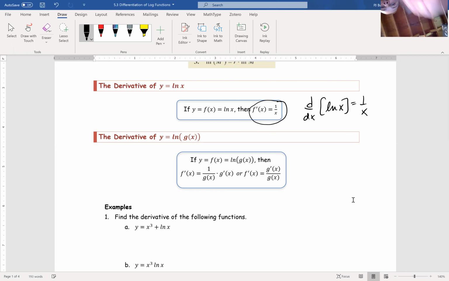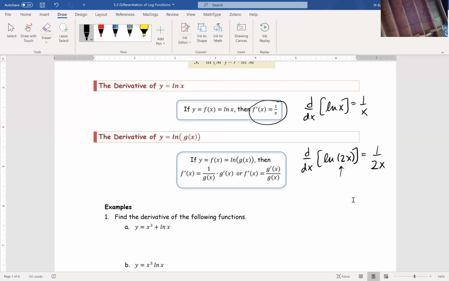So again, derivative of the natural log is 1 over x. If we start stuffing stuff inside the natural log that is not just x, well, then we get 1 over the inside. I'll give you an example. If I do, say, log of 2x, I still get 1 over the inside, which is 2x. But because there's something other than x in there, I need to use the chain rule.